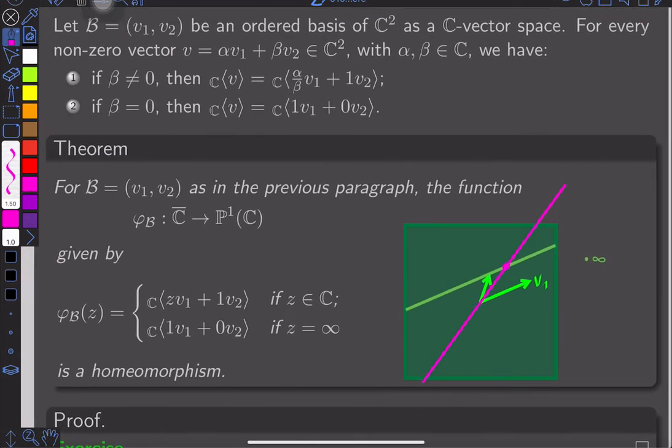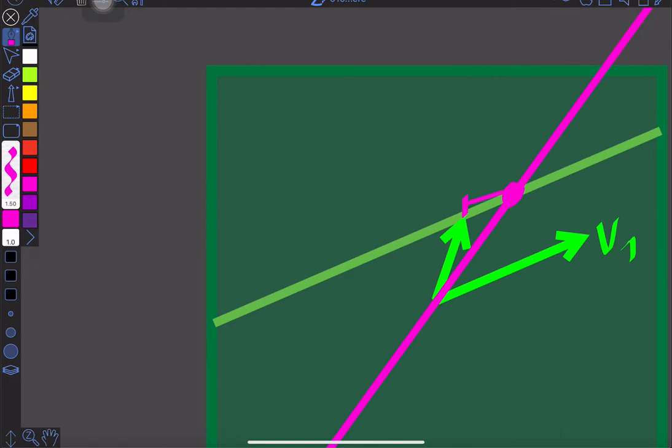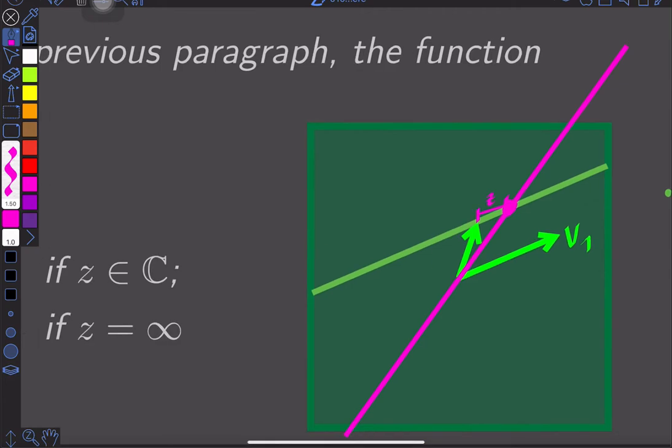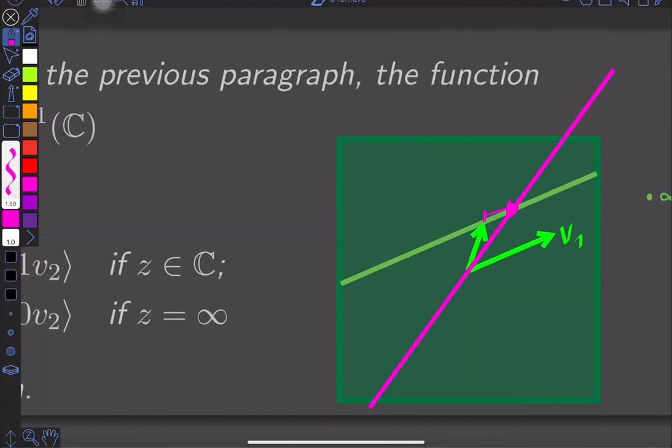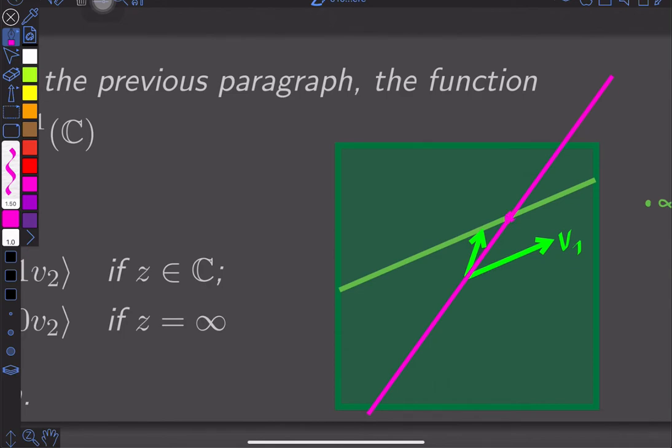If you think about it, that point really is Z. If you think about the parallelogram law to draw the addition of vectors, this vector is obtained by adding this vector, which is V2, with some non-zero multiple of V1.